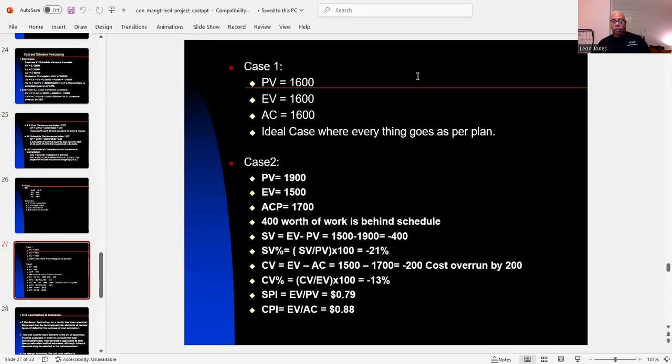Of course, your SV percent is going to be minus 21%. Your CV is going to be minus 200. So that's an overrun by 200. Your CV percent is minus 13. But your SPI is 0.79 and your CPI is 0.88.